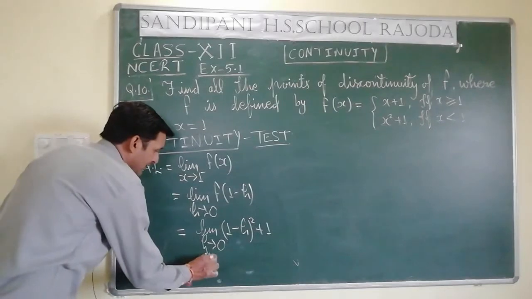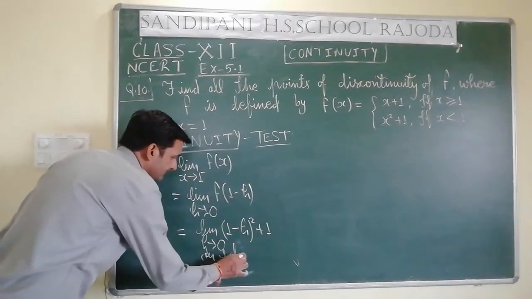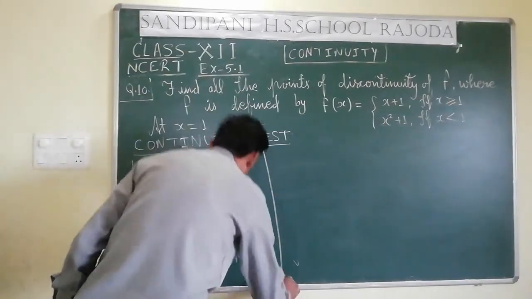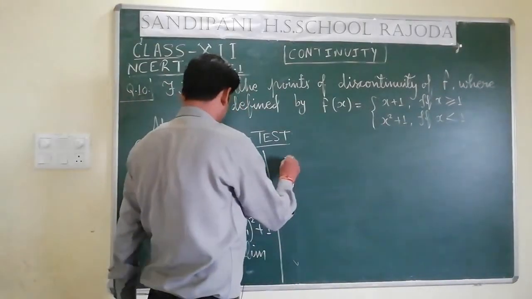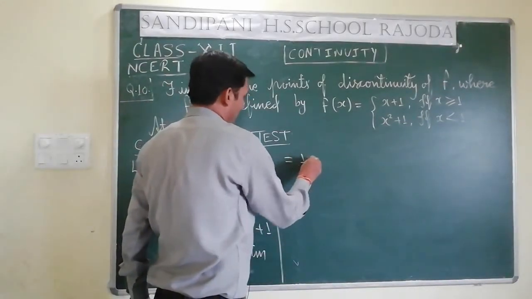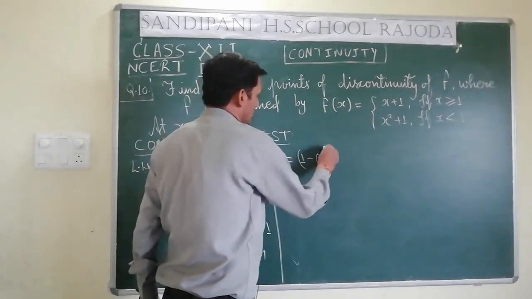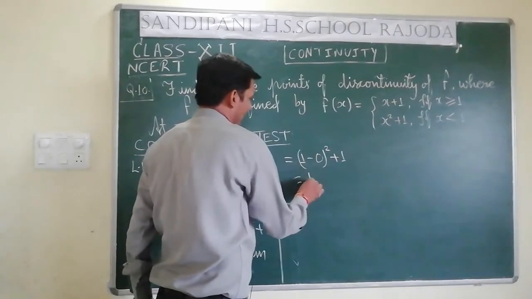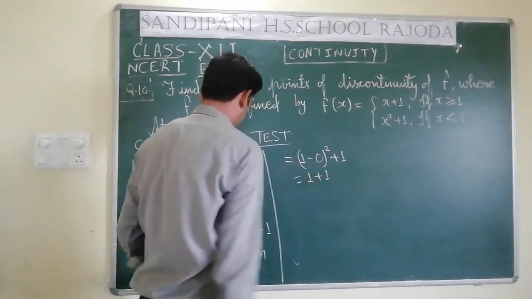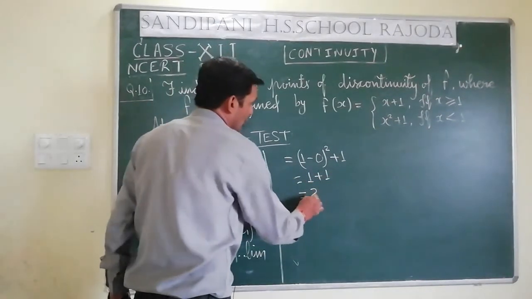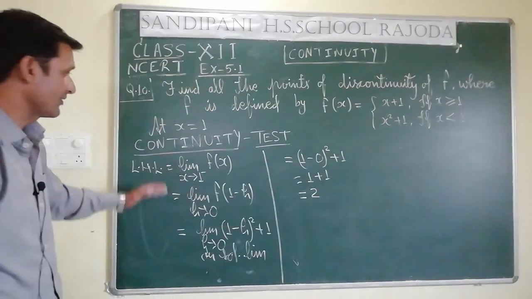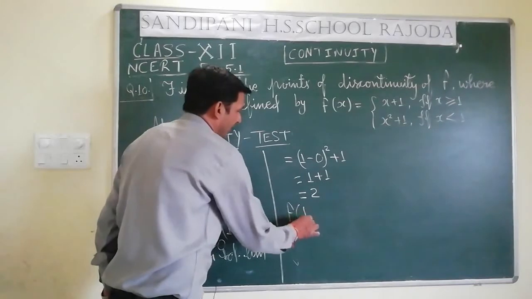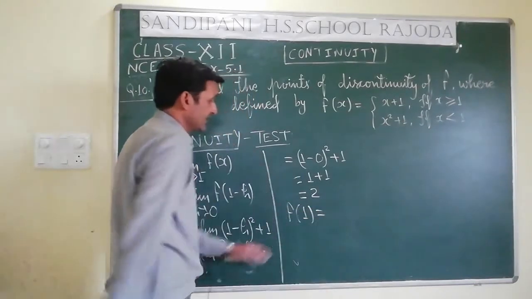On solving limit, this will become 1 minus 0 whole square plus 1, that is equal to 1 plus 1. So, it will be 2. This is our LHL. Now, f of 1, f of 1 means it is equal to 1.